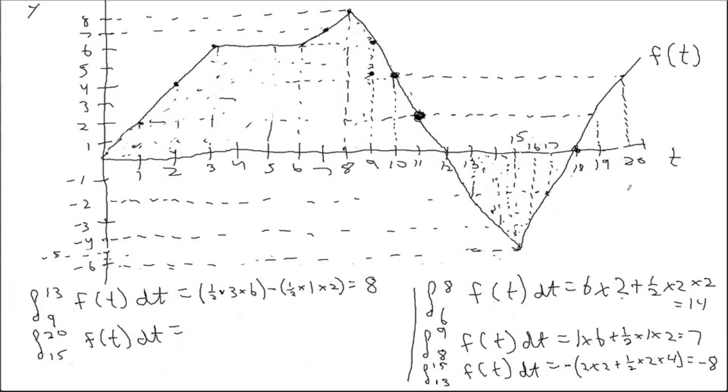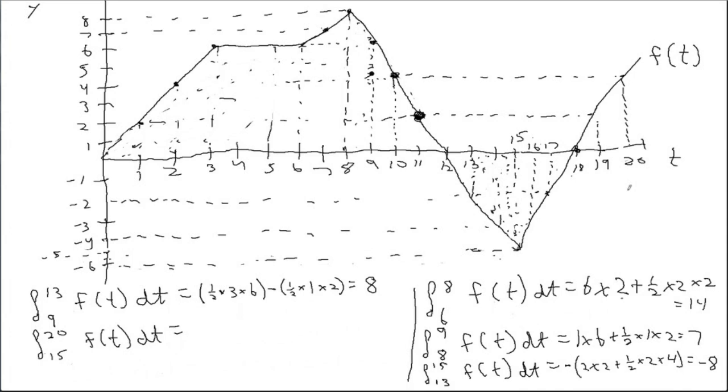What was your process? Okay, so we're looking at the area between 15 and 20. I'm looking at the triangle to the right of 18. The base of that triangle is 2, and the height is 4. So 1/2 of 2 is 1, 1 times 4 is 4. So now we have positive 4.